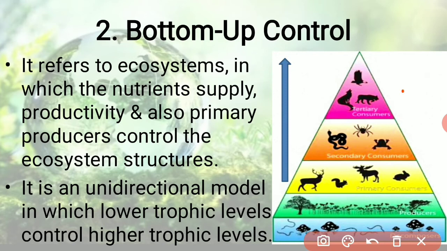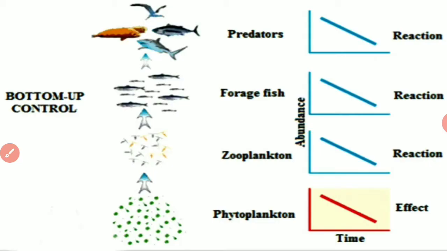So let's see a hypothetical example. If there is a low amount of phytoplankton, which controls the upper trophic levels, the graph should be in a declining direction. Now, due to the low amount of food resources, there will be a low zooplankton population.